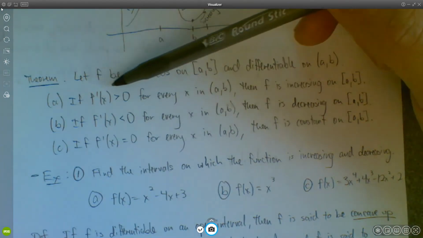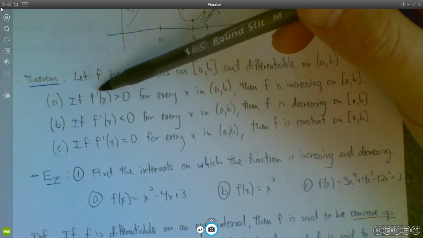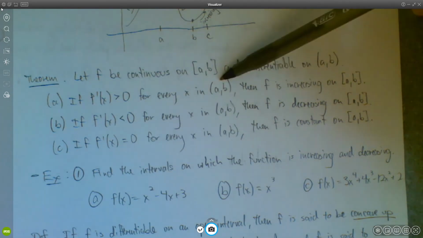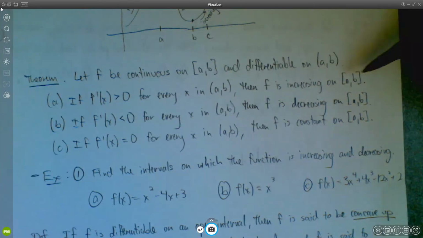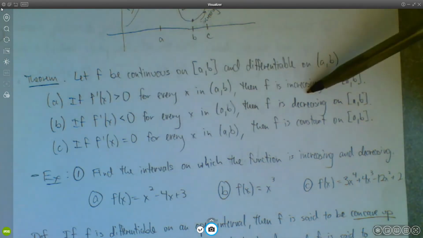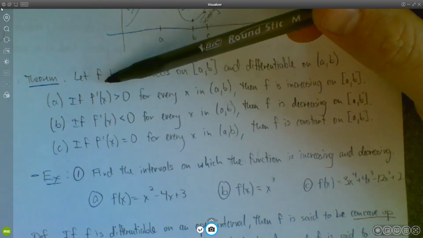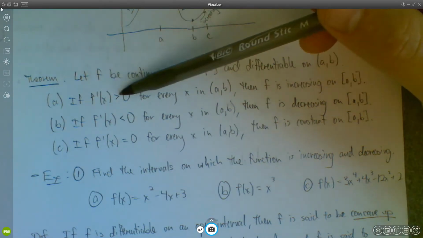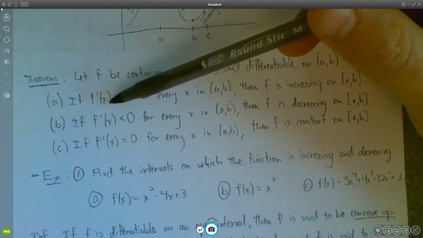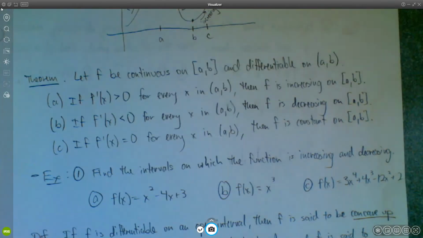If f prime of x is greater than 0, so if the first derivative is positive for every x in the open interval from a to b, then f is increasing on the closed interval [a, b]. Similarly, if the derivative is negative, then f is decreasing on that interval. So if the derivative is positive, then the function is increasing. If the derivative is negative, then the function is decreasing.